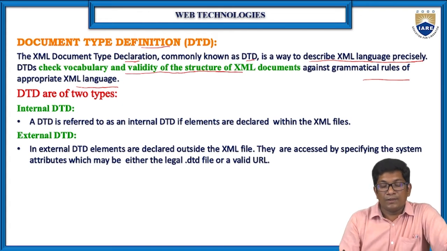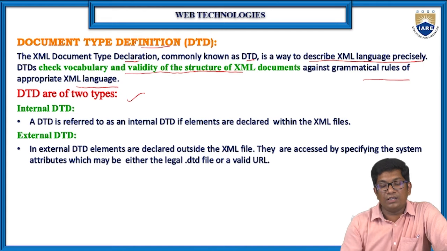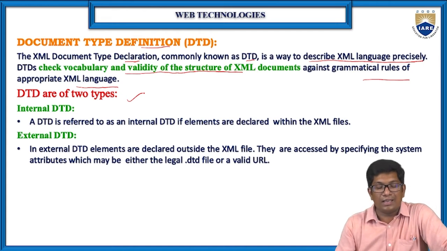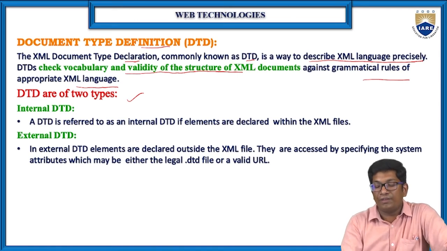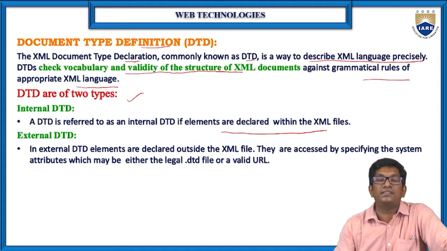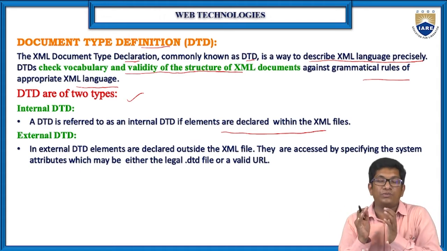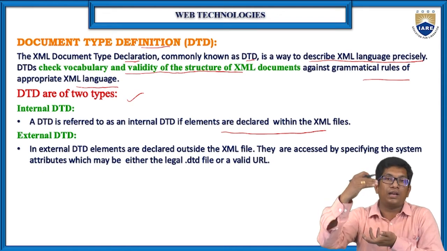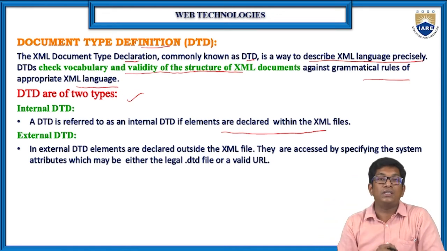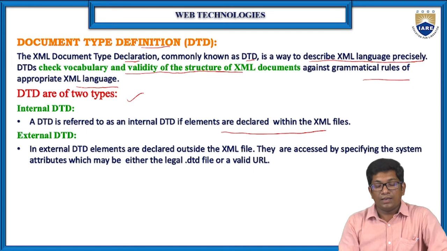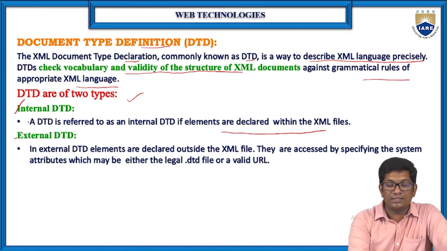There are two types of DTD: internal DTD and external DTD. A DTD is referred to as an internal DTD if elements are declared within the XML file, in the same document. If you write the XML actual data and the DTD in the same document, we call that internal DTD. The second type is external DTD.